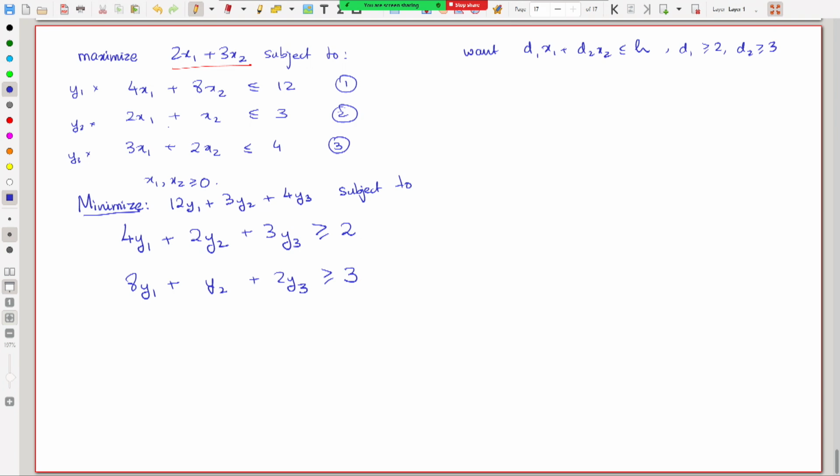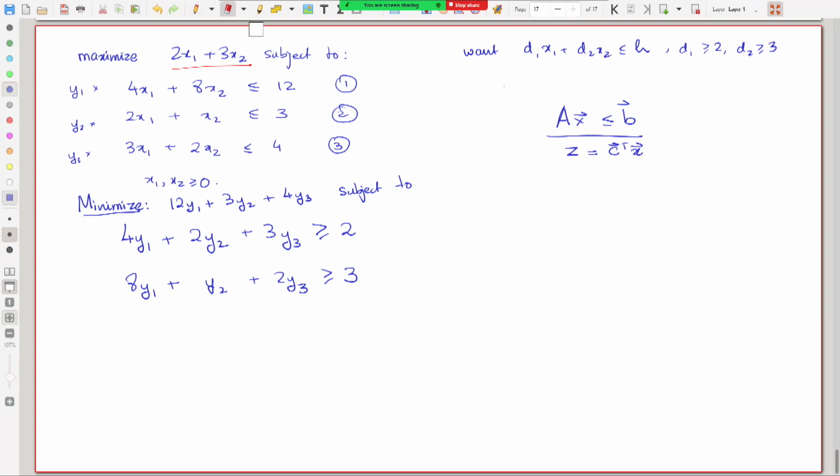So, if we write this program as A x less than or equal to b, maximize, well, let me just write z is equal to C transpose x, right. So, this is the first program, we call it the primal.